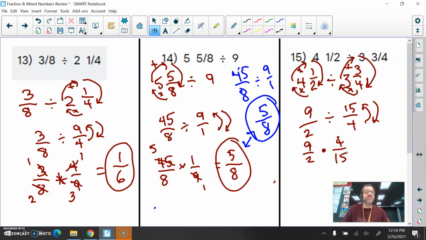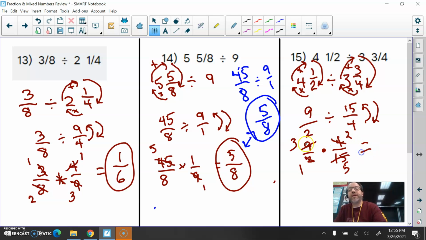Now I can multiply these together, but it's going to be nicer to simplify these first while the numbers are still split apart, smaller, and more vulnerable. 2 and 4, for example, are both even. I'm going to divide them both by 2. 2 divided by 2 is 1. 4 divided by 2 is 2. And then the 9 and the 15 also have a common factor of 3. 9 divided by 3 is 3. 15 divided by 3 is 5.